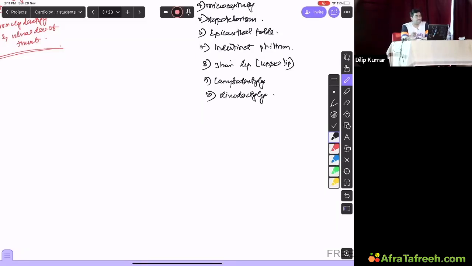Where will it be curved? Camptodactyly. You have CAM. Okay, camptodactyly, CAMP. Both A and P are there in camptodactyly. So AP curvature. Anteroposterior curvature. So the curvature will be like this. Okay, in the anteroposterior direction. Do you have AP in clinodactyly? No. In clinodactyly, you don't have A and P, whereas clinodactyly has L in it.